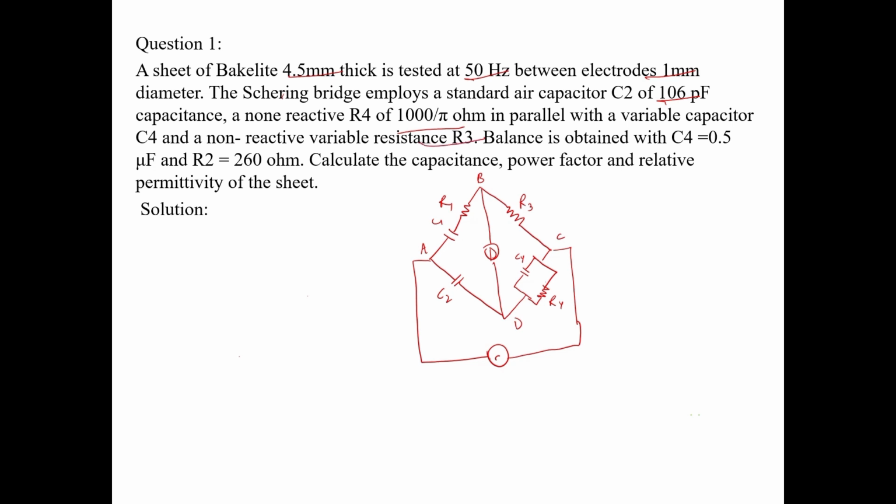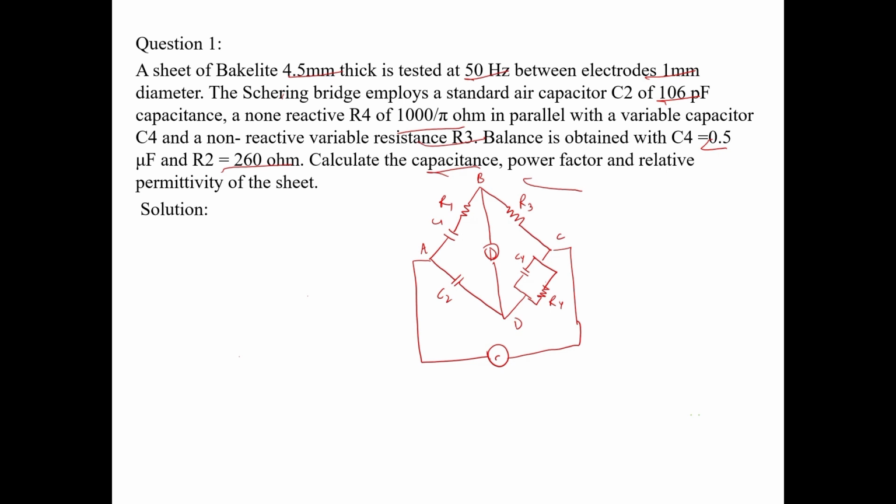Balance is obtained with C4 equals 0.5 microfarad and R3 equals 260 ohm. We are asked to calculate the unknown capacitance, power factor, and relative permittivity.